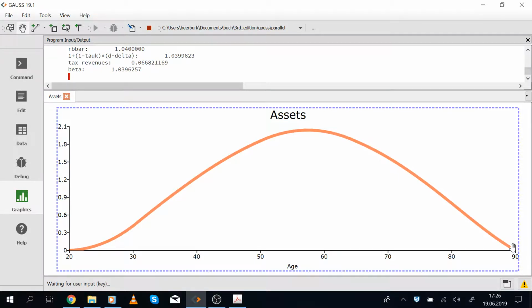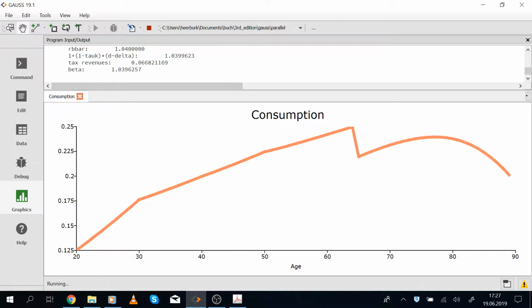If an agent dies prior to age 90, then they leave a bequest, and the bequest, as we described before, will just be collected by the government. You have to press another key and find the consumption age behavior in the next graph. So consumption increases until age 64, until agents retire, and at age 65 there's a drop in consumption.